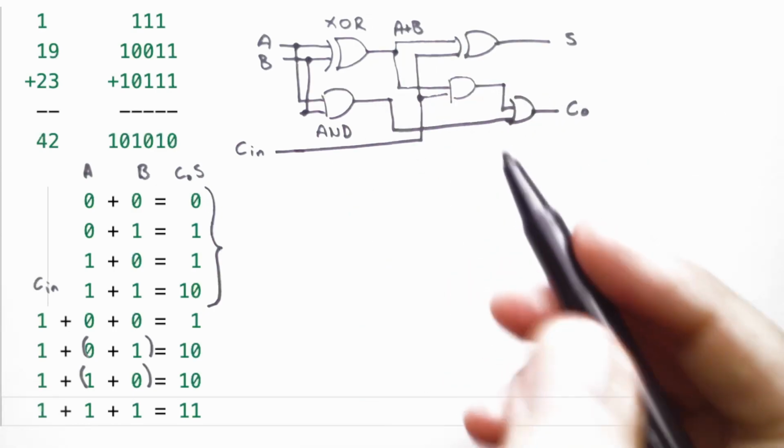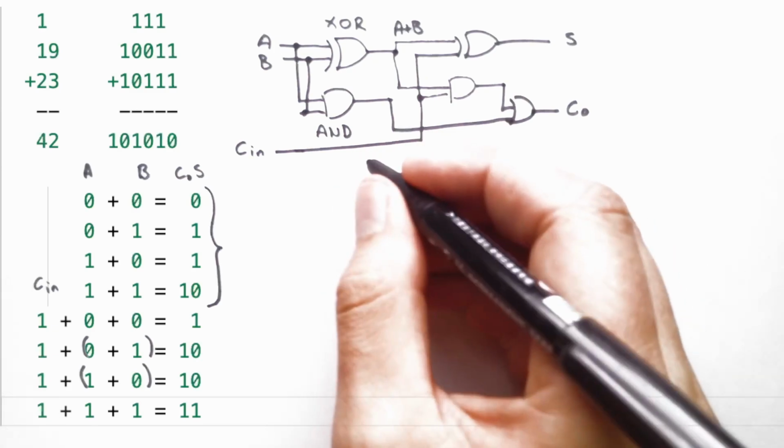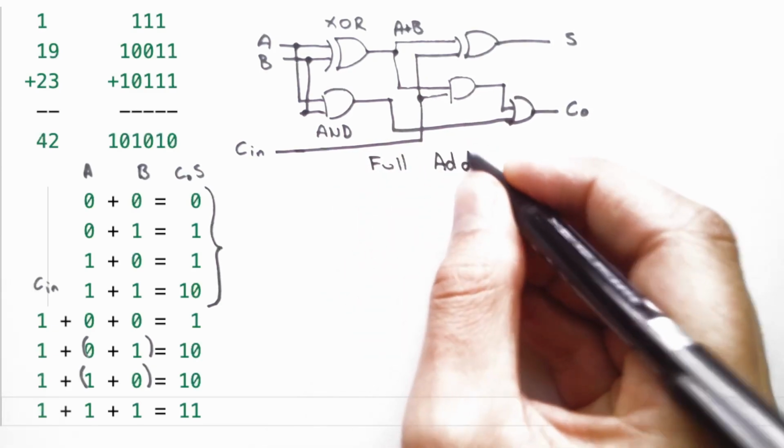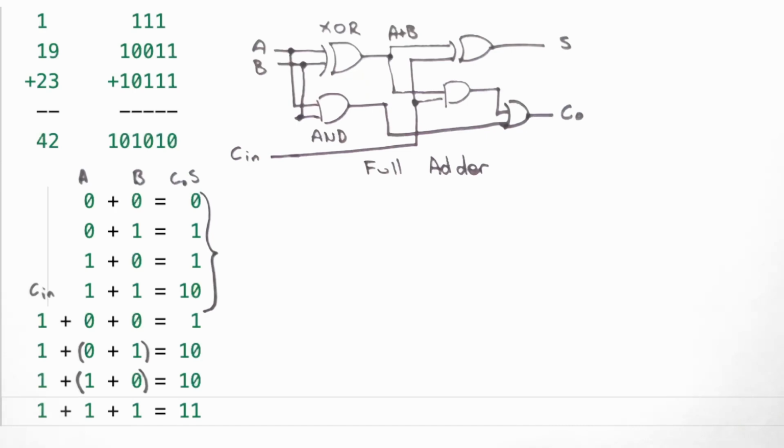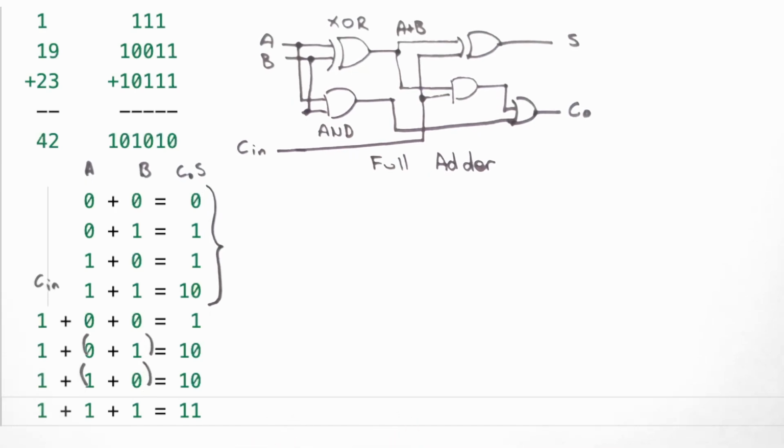So this circuit here, this is what we refer to as a full adder. And we can use this circuit here to add 1-bit numbers. So the next thing that we want to do is to chain these together to be able to add more than just 1 bit. We want to be able to add multiple bits.